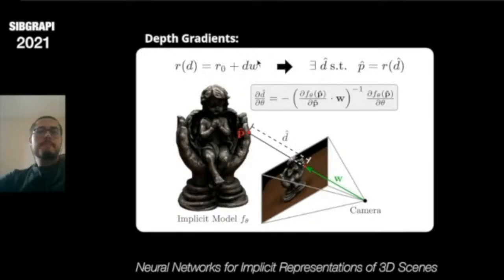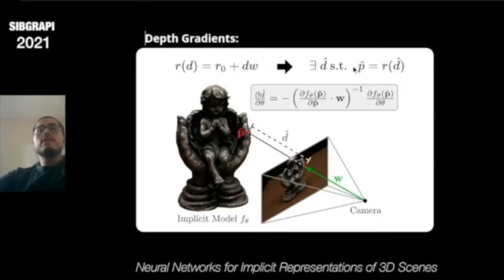So we can define d hat as the point such that p hat is equal to r of d hat.